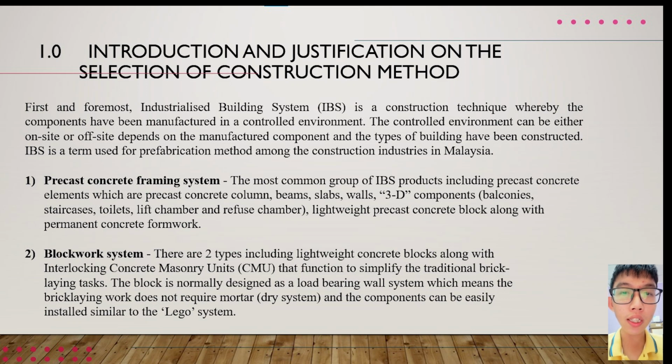First and foremost, industrialized building system (IBS) is a construction technique whereby the components have been manufactured in a controlled environment. The controlled environment can be either on-site or off-site, depending on the manufactured component and the types of building being constructed.